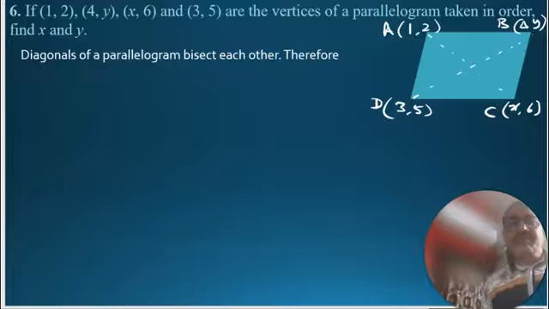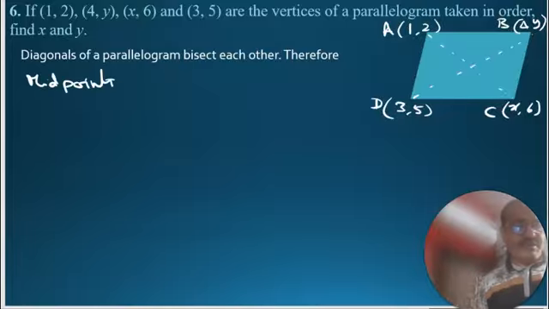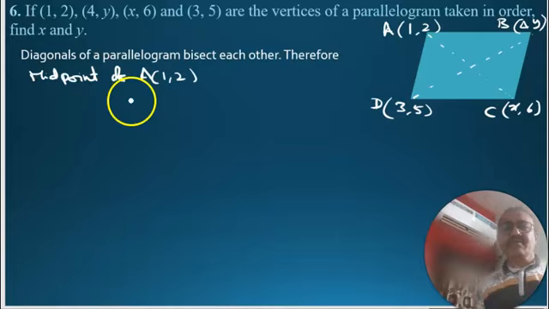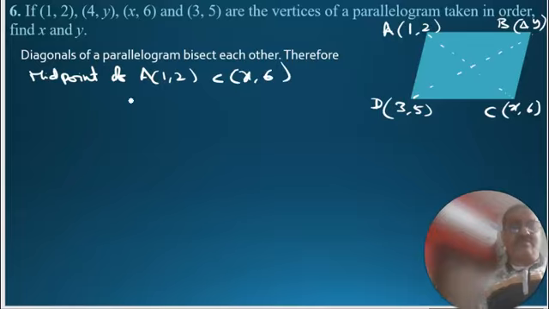So midpoint of diagonal A(1, 2) to C(x, 6) is equal to the midpoint of B and D.